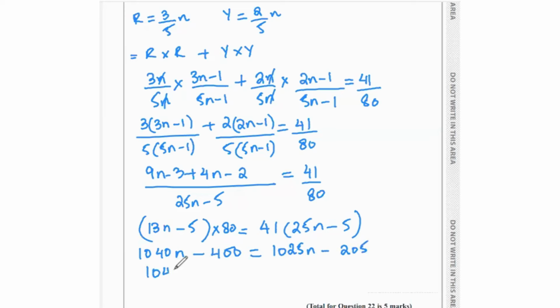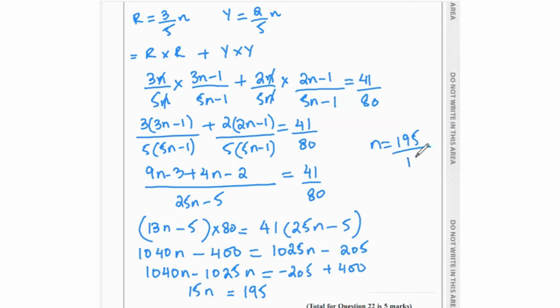So 1040n minus 1025n equals negative 205 plus 400. That's 15n equals 195. So then n would be 195 divided by 15, and that gives us a value of 13.